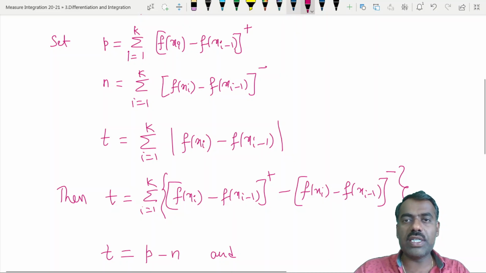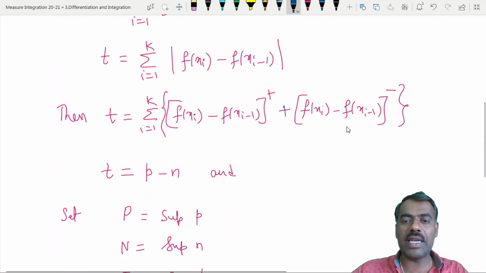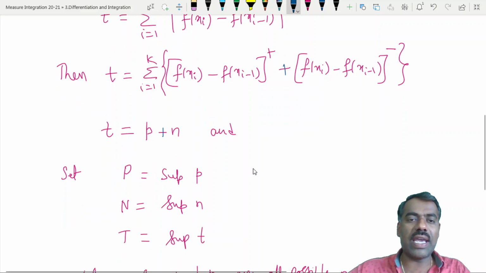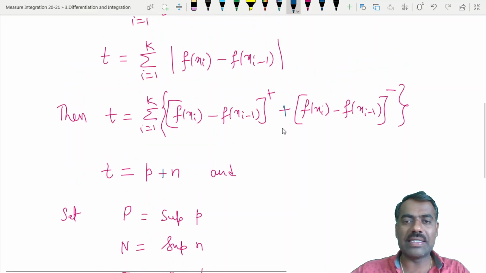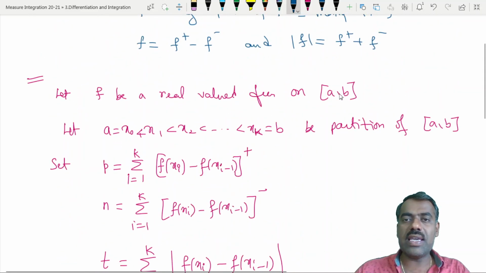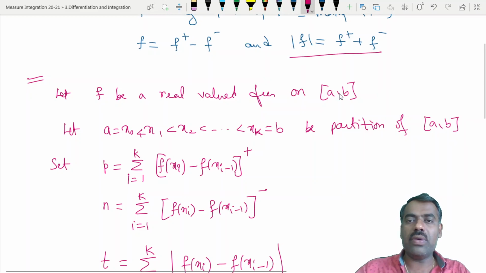Have you noticed? This is plus, and then you have to inform me, right? So t is equal to p plus n, not minus here. If I don't notice, then you will simply accept it. So this t is actually p plus n, not p minus n, because that is how the value is defined.